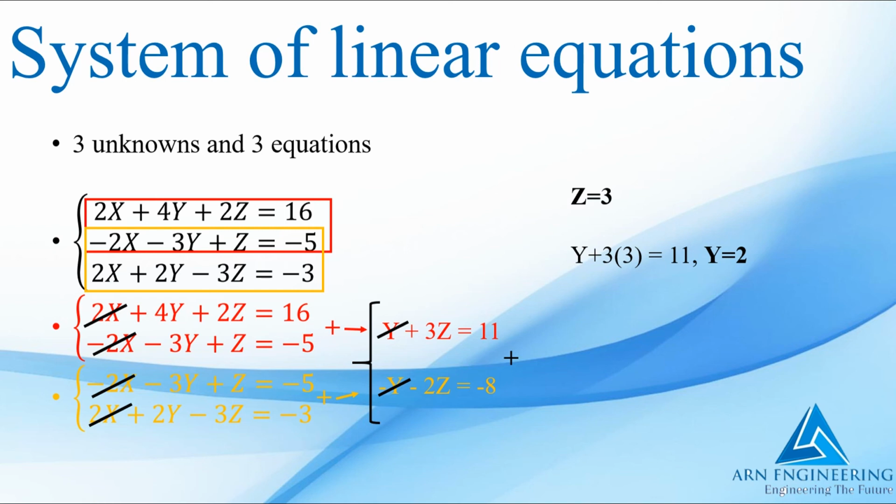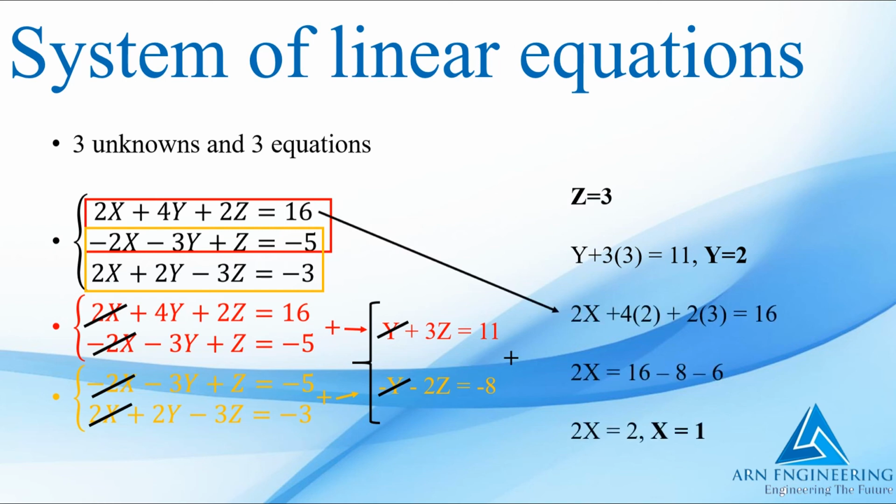In this case, I've chosen the first equation to calculate the last variable. For us, that's x. So in this case, we have 2x plus 4 times 2, which is our y, plus 2 times 3, which is our z, being equal to 16. And if we solve this simple linear equation, we'll get an x value of 1.